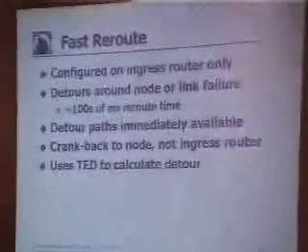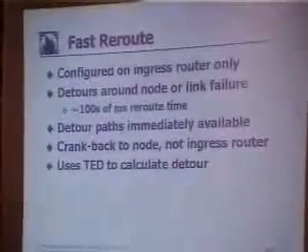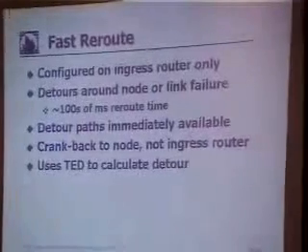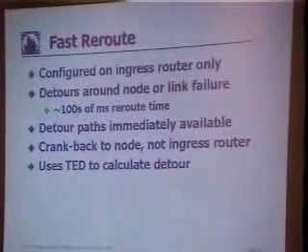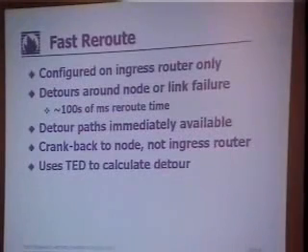Yet another capability to protect your LSPs is this fast reroute capability. And I think right now there are drafts in the standards bodies that are working on trying to formalize protection mechanisms for LSPs. The concept of this one is kind of generic.